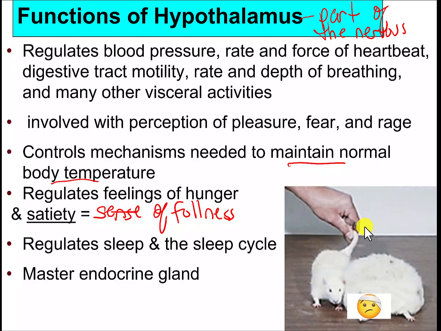They only eat what they need. The rat on the left is a normal size rat. The one on the right is the one whose hypothalamus was no longer able to regulate their feelings of satiety. And you can see what happened here. Even more importantly, the hypothalamus is a major endocrine gland, and you'll learn more about that in A&P2.